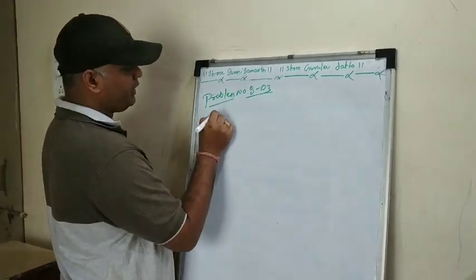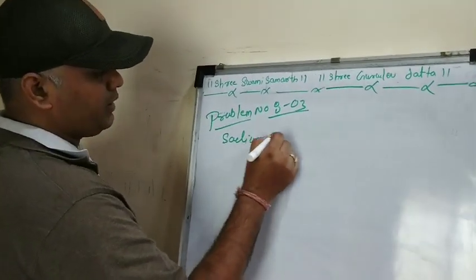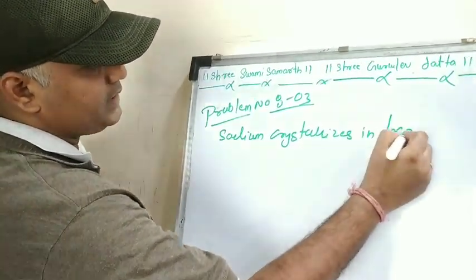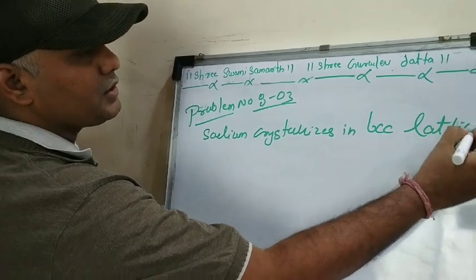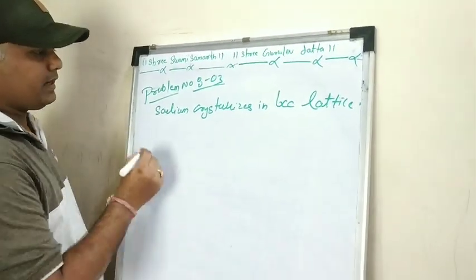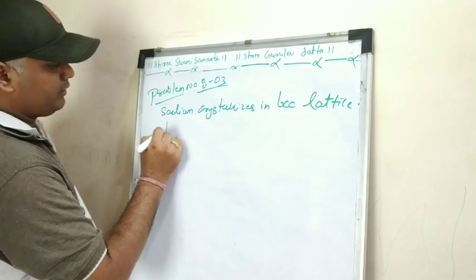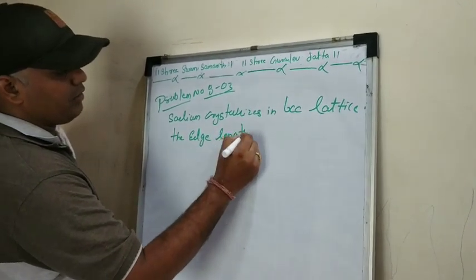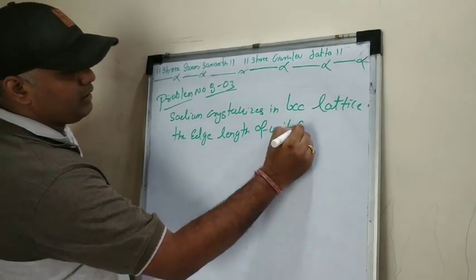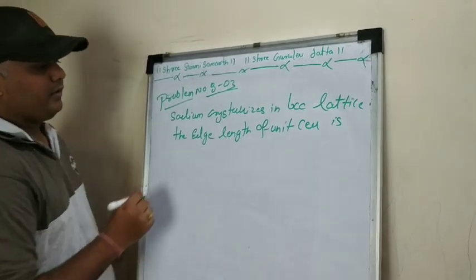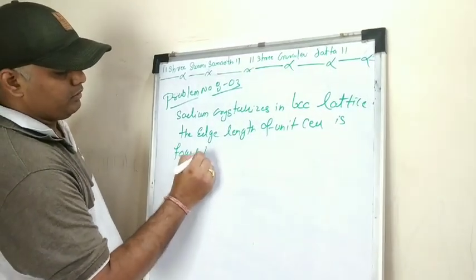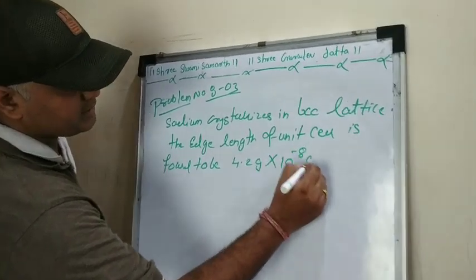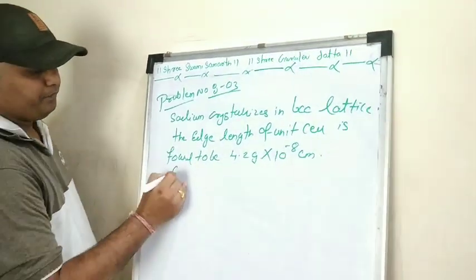In problem number 3, sodium crystallizes in BCC lattice, and the edge length of a unit cell is found to be 4.29 into 10 raised to minus 8 centimeter, right?